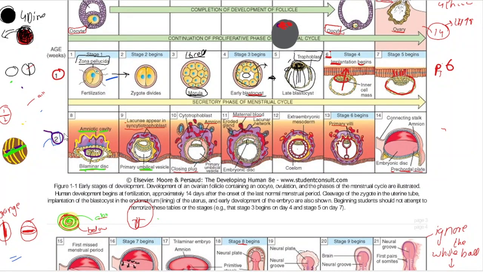Okay. Now let's go on to the outer covering called trophoblast. This is actually the syncytial trophoblast, the outgrowth of the trophoblast. In the syncytial trophoblast a space forms that is called a lacuna.